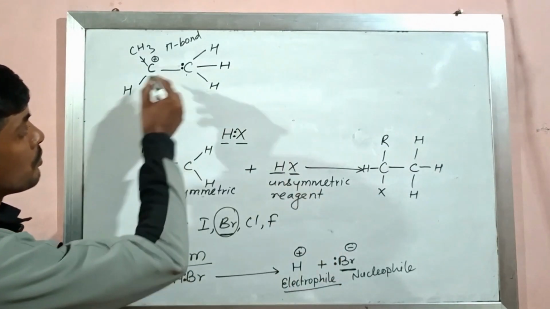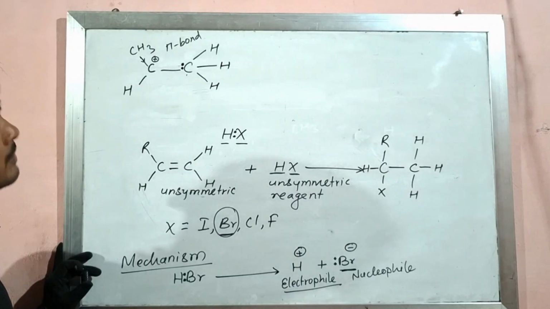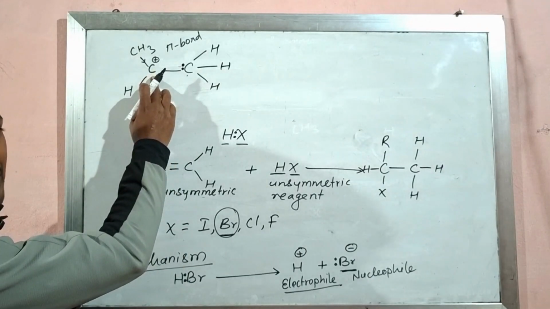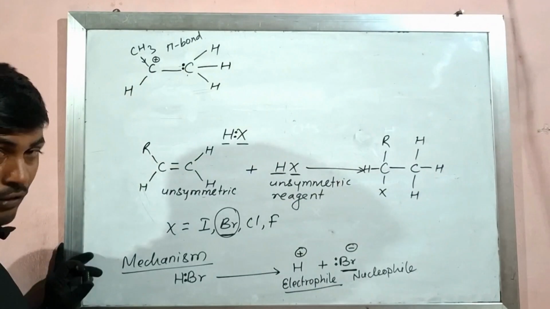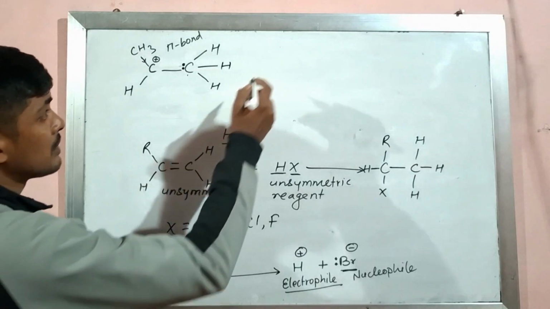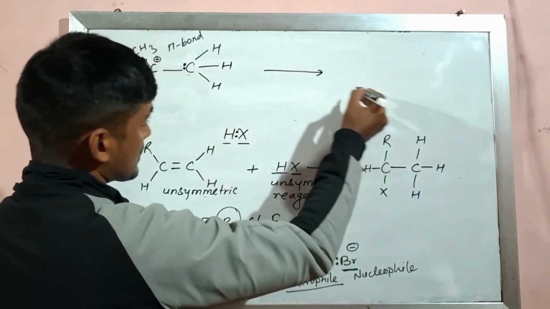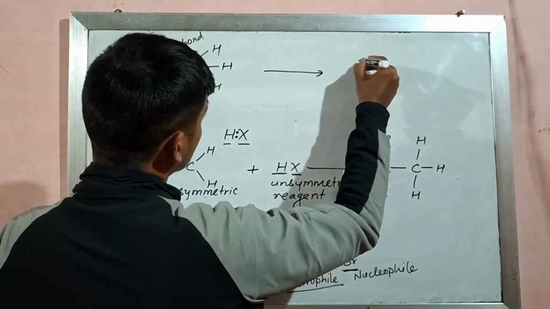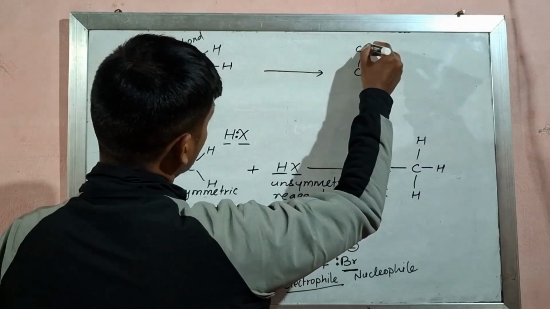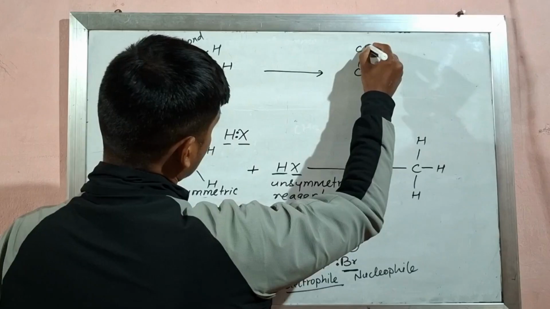This bromine will attack the positively charged carbon and it will form what?